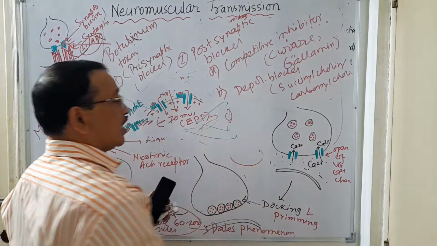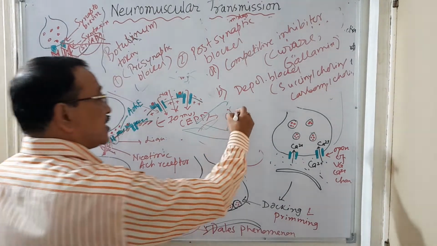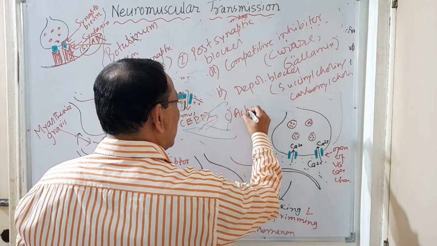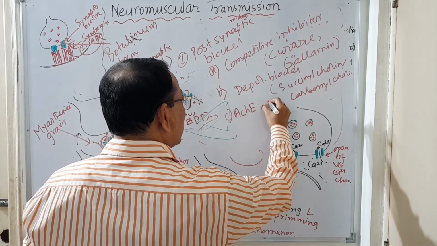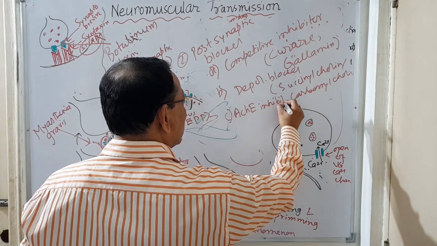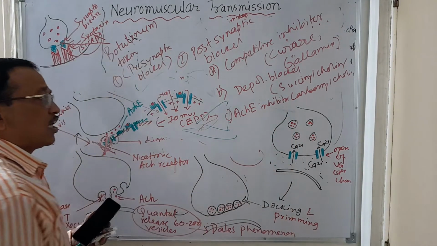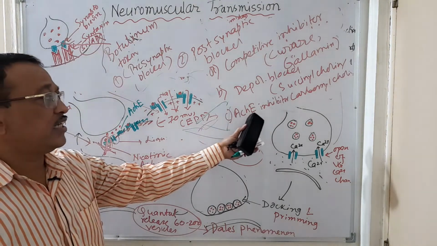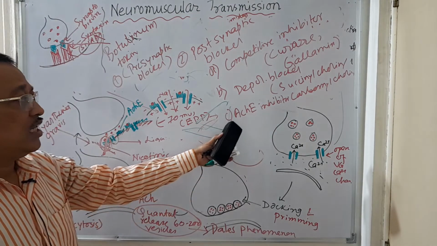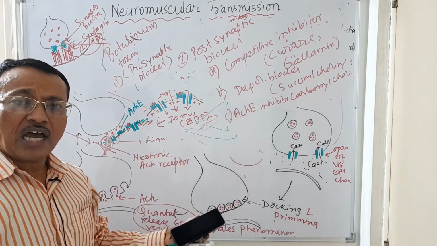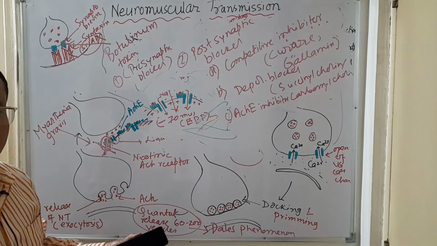Third category of the blocker is known as the acetylcholinesterase inhibitor. One is the reversible type, another is the irreversible type.